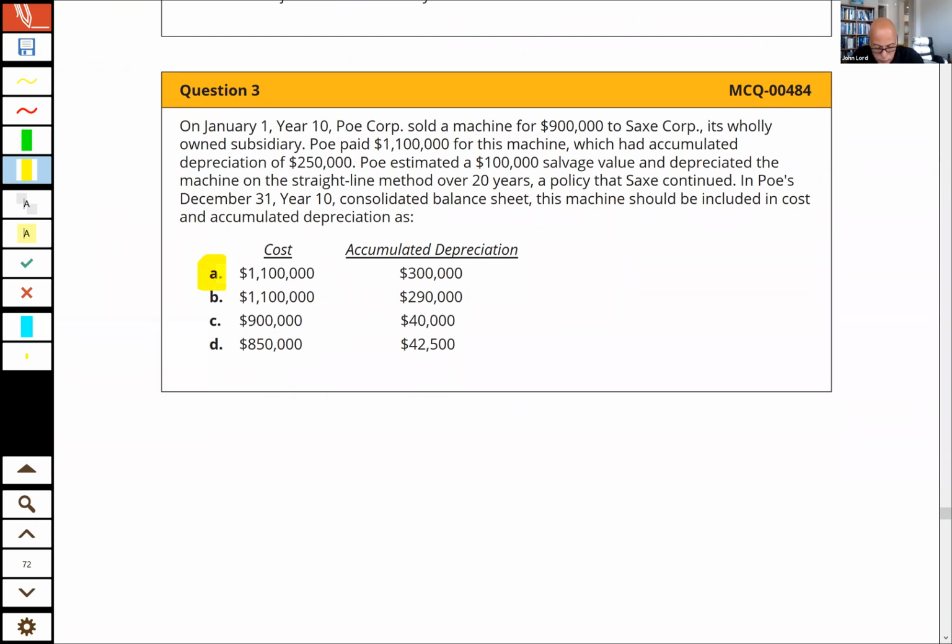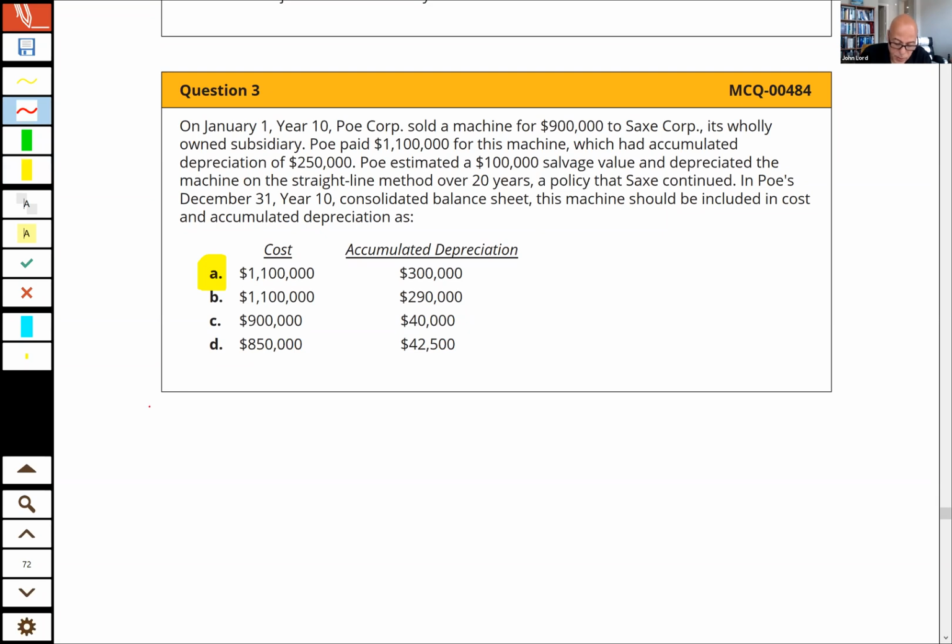So on January 1st, year 10, Poe Corp purchased a machine for $900,000. On January 10th, Poe Corp sold a machine for $900,000 to Saks Corp, its wholly owned subsidiary. Poe paid $1,100,000 for this machine, that's when they bought it, with an accumulated depreciation of $250,000.